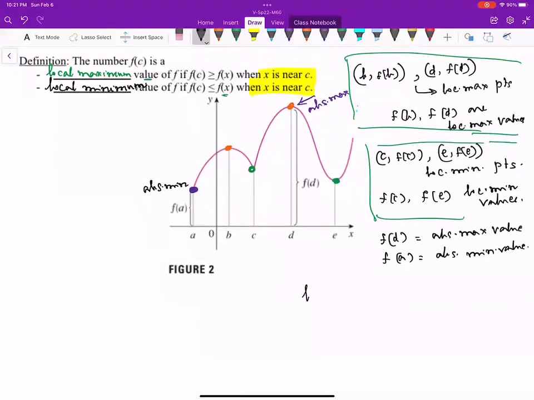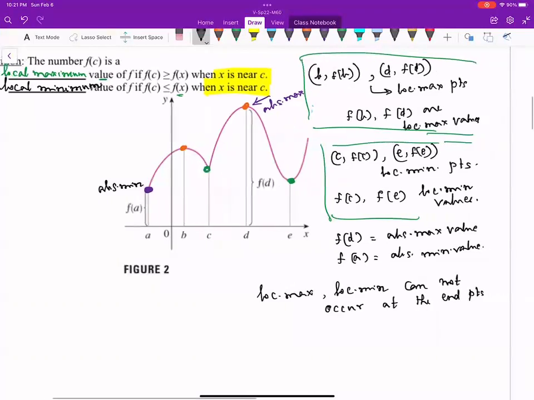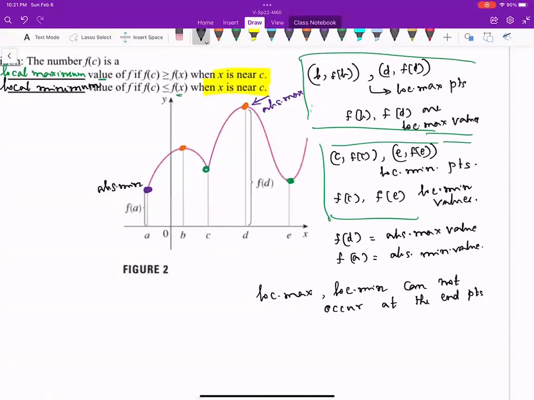Okay, so make a note: local max and local min cannot occur at the endpoints of the interval where the graph is defined.